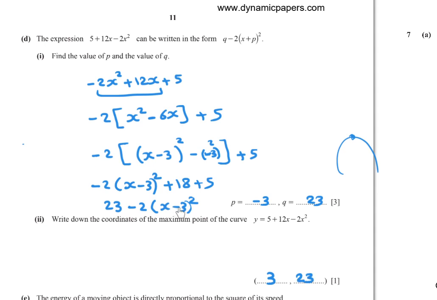So change the inner, negative 3 will be 3, and keep the outer, so 23 is the same. So if you have the vertex form, you can find the vertex from the vertex form. Change the inner, keep the outer.